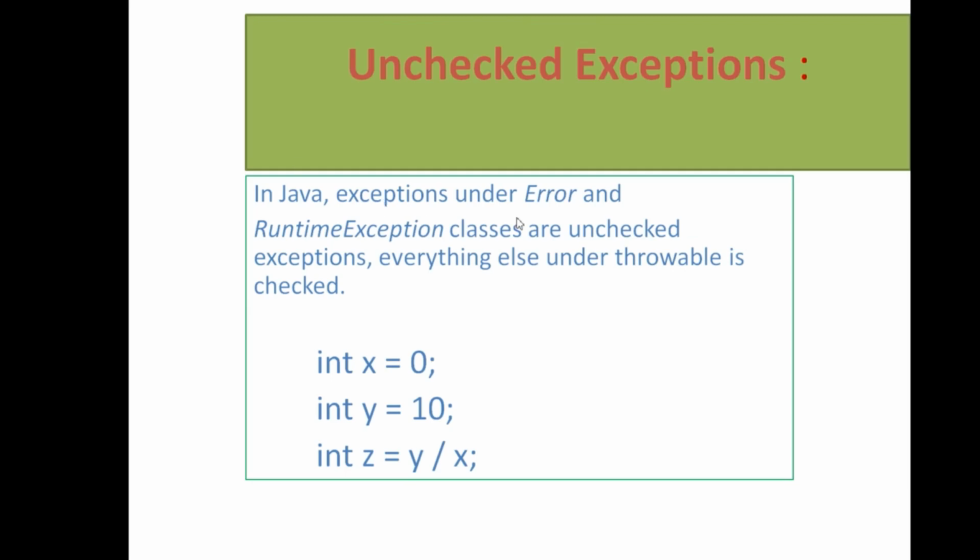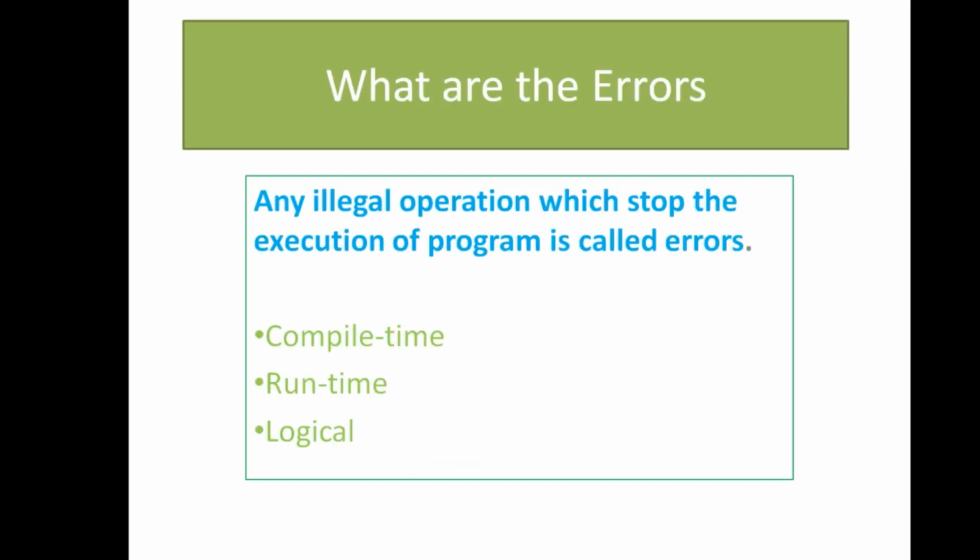The error and runtime exception classes are unchecked exceptions. Everything else under Throwable is checked exception. We already learned what are errors. Any illegal operation which stops the execution of a program is called an error.